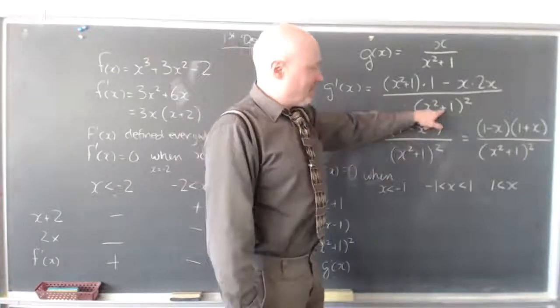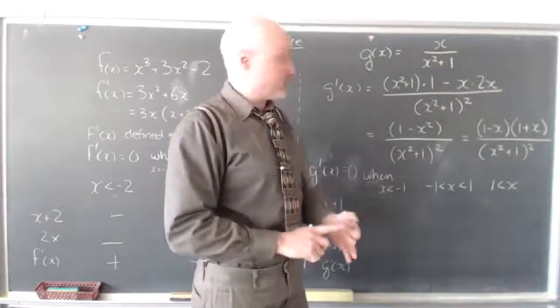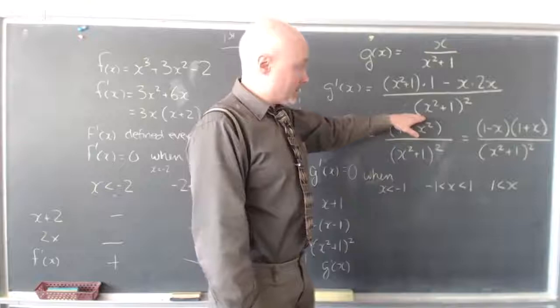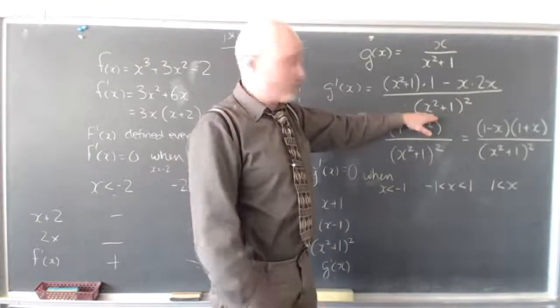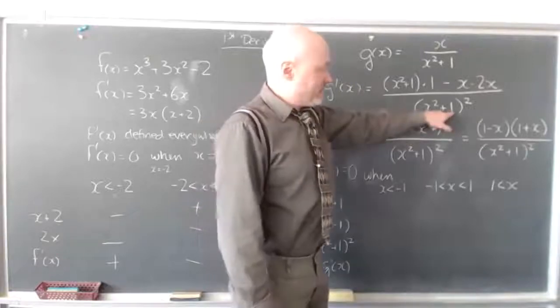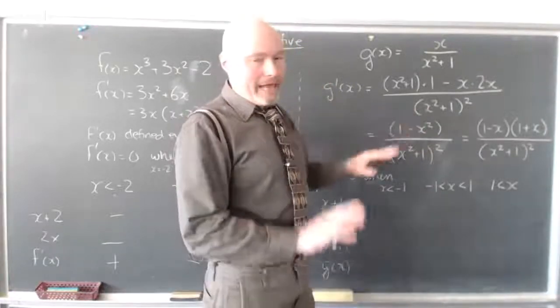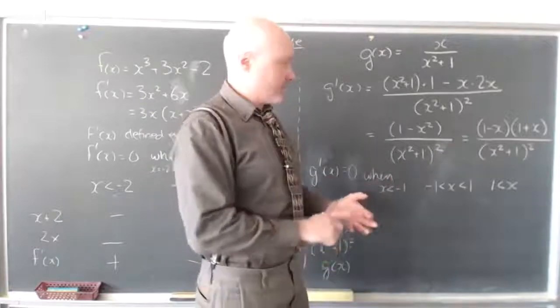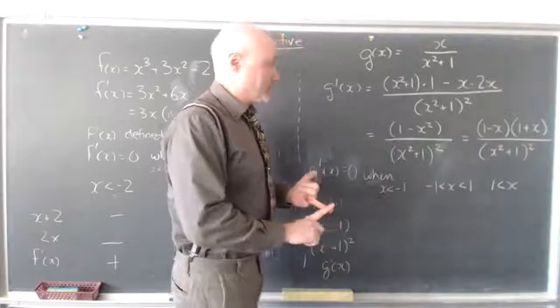Now, if this was a minus 1, this would give us critical points, because the derivative would not exist if the bottom goes to 0, and so I'd have to count those critical points. This is always positive, though. It never becomes 0, and so I don't have any critical points where the derivative does not exist.